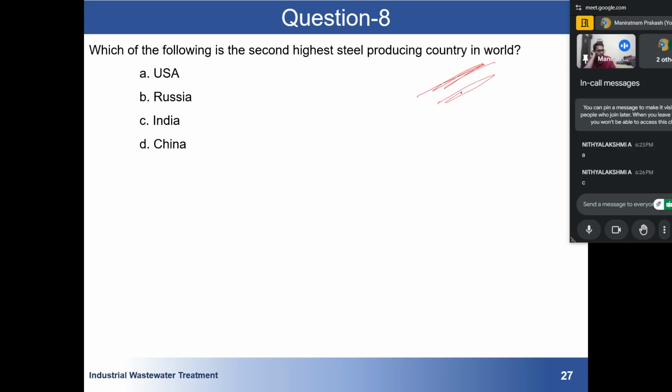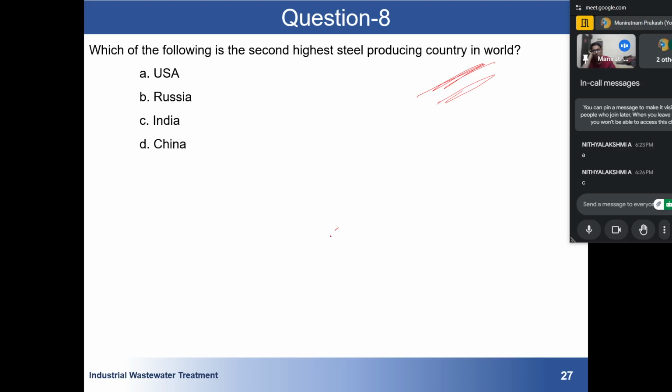Again, the question is very simple. Again, this question is related to India.